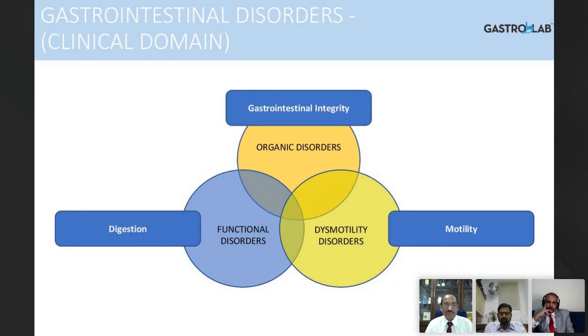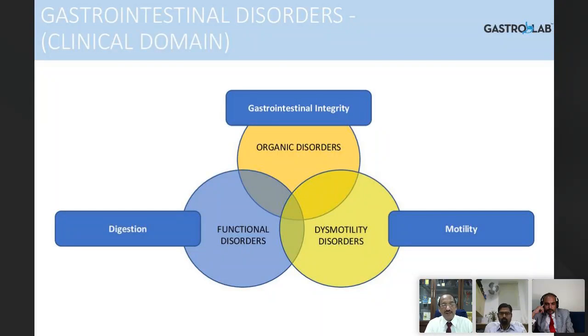If you look at all GI disorders, we can divide them basically into 3 clinical domains. One set is organic disorders, where if you do the test, you will find something abnormal. So this depends on gastrointestinal integrity. Then there are what are called functional disorders, where, structurally, by doing all the tests, you cannot find anything.